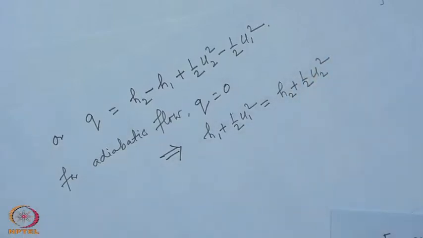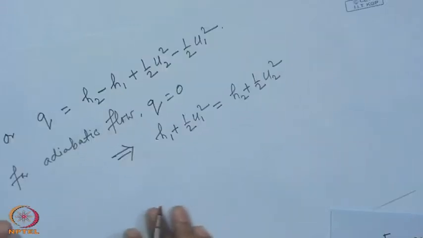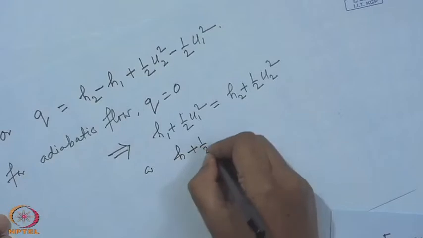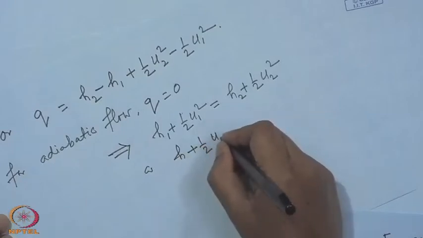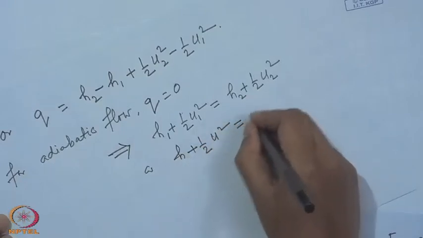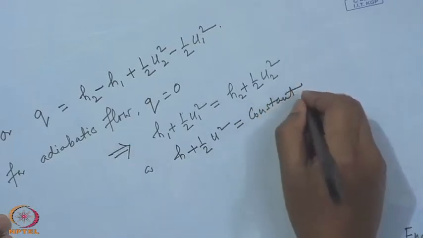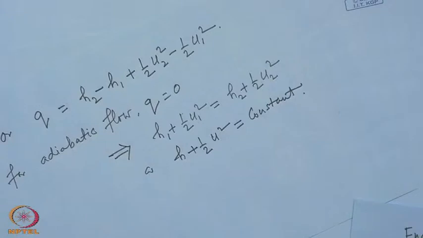That is, the sum of the enthalpy and the kinetic energy remain constant through a duct. In an adiabatic flow the energy equation simply gives that the sum of enthalpy plus kinetic energy remains constant.